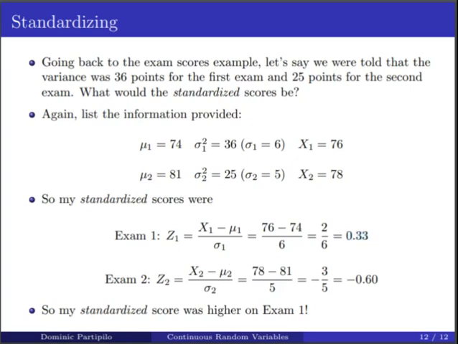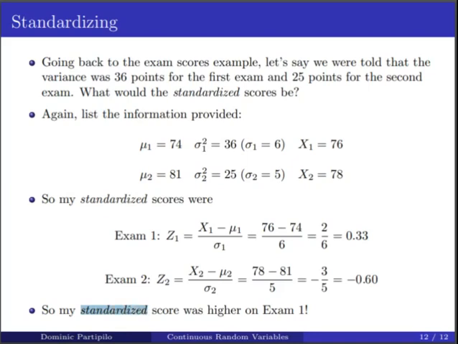And on the second exam, my z value, or my standardized score, is going to be 78 minus 81 divided by 5, which is negative 3/5, which is minus 0.6. So I was 0.6 standard deviations below the mean on the second exam.